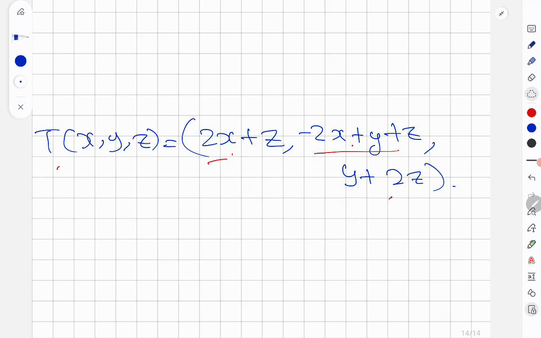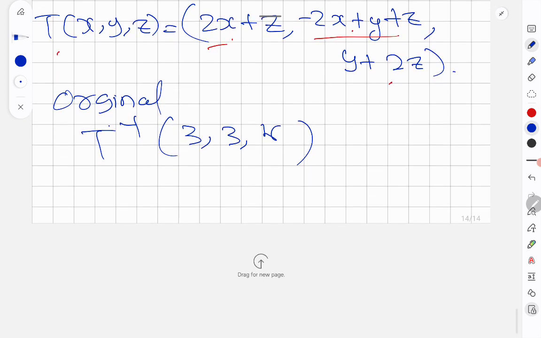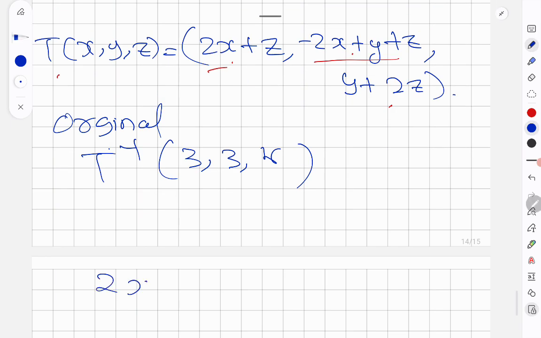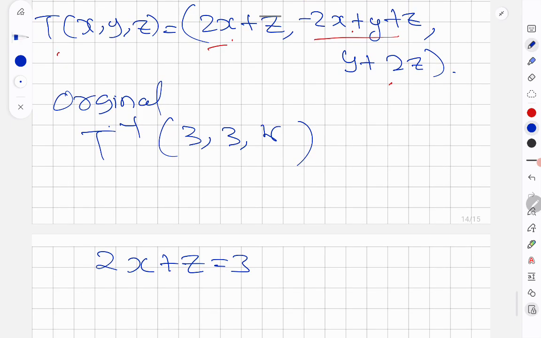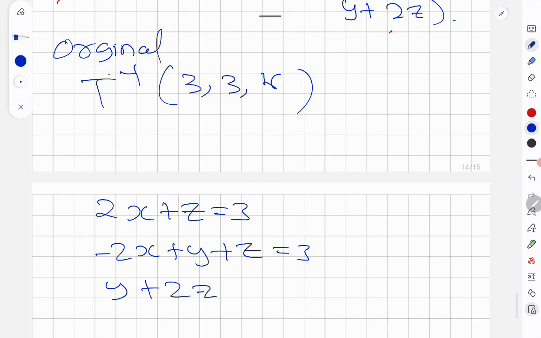The question asked to find the pre-image. The original question was T inverse of 3, 3, k. All of them will be equal to this. So it's another method where you equate this equation: 2x plus z is equal to 3, then minus 2x plus y plus z is equal to 3, and y plus 2z is equal to k.